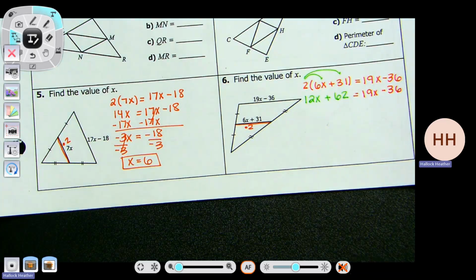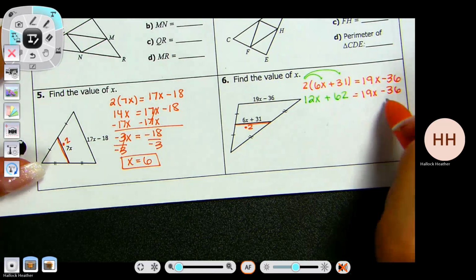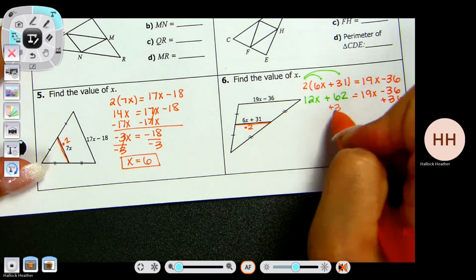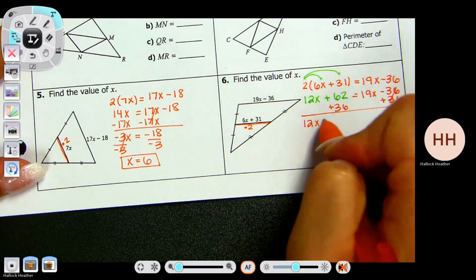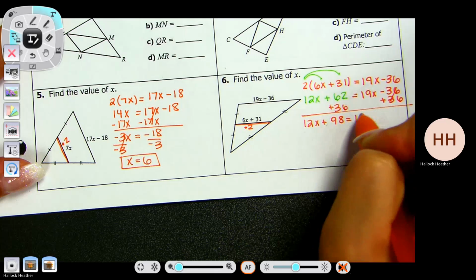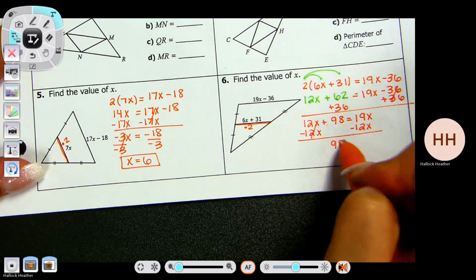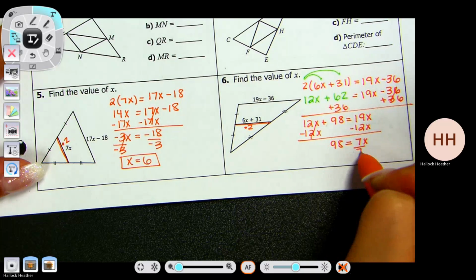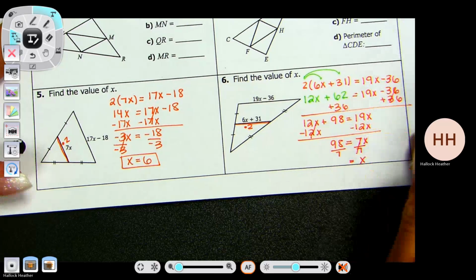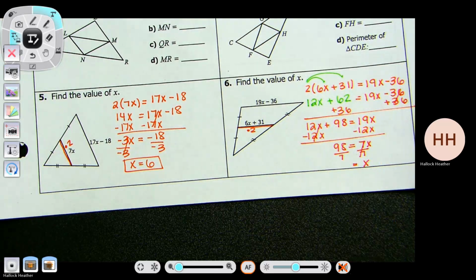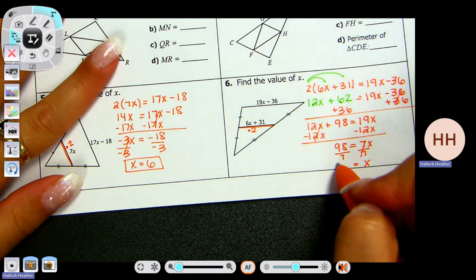Take a second, solve for x if you haven't done so, or if you're still working on it. It is 14. That is correct.